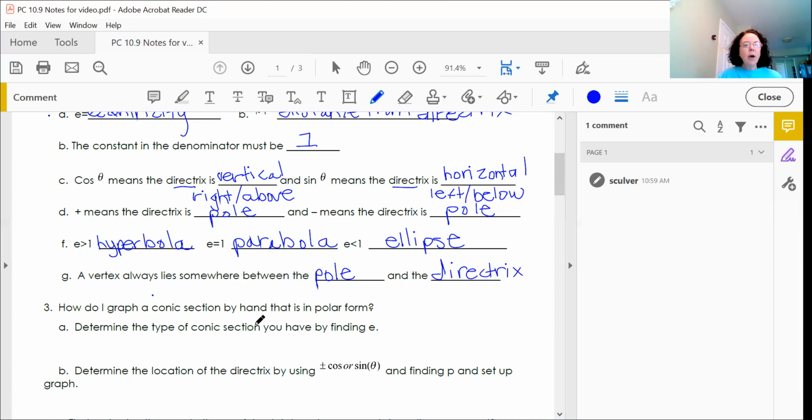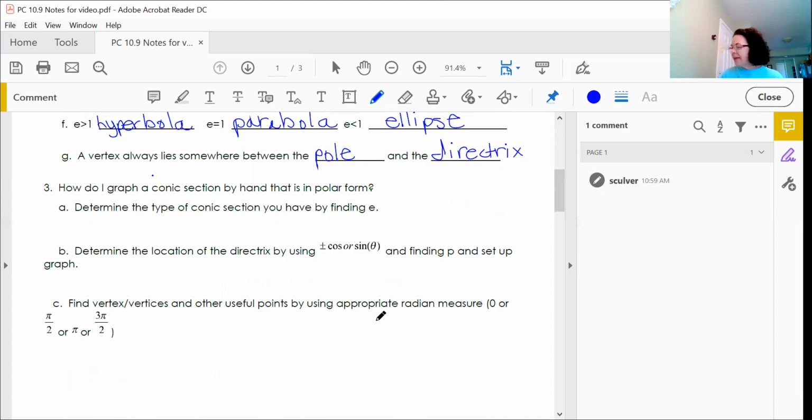There we go. So how do I graph a conic section by hand that's in polar form? Again, I think it's kind of fun. First, we will determine the type of conic section we have by finding E. And so remember, we have to have a 1 in the denominator first.